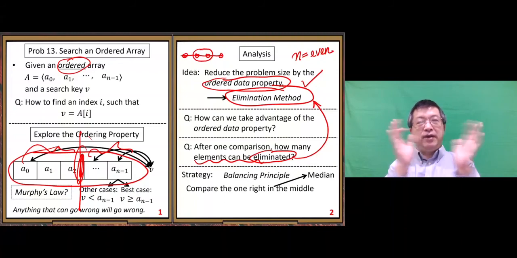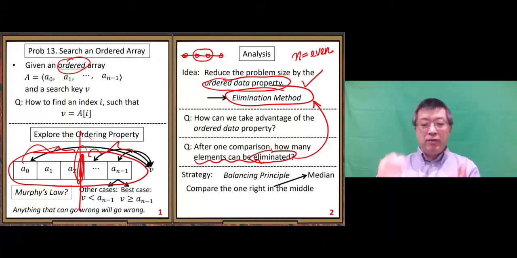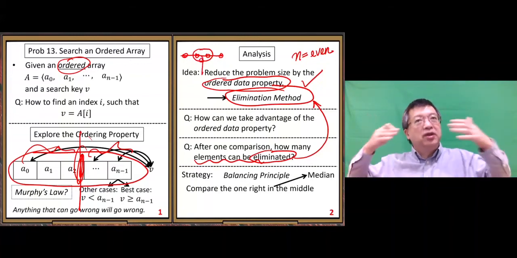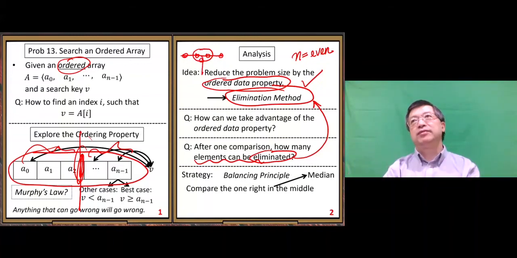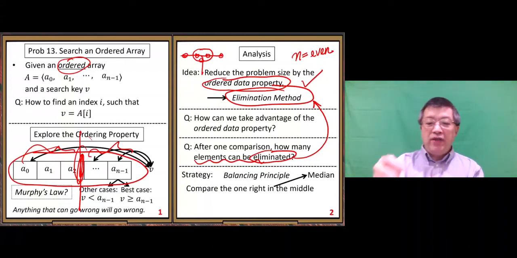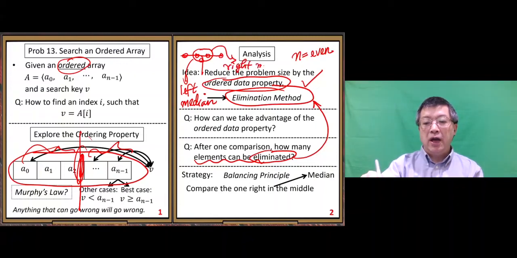They are equally close to the absolute midpoint. We call this one the left median. It is also a median, but the left median. This one is the right median. Two medians: left median and right median.